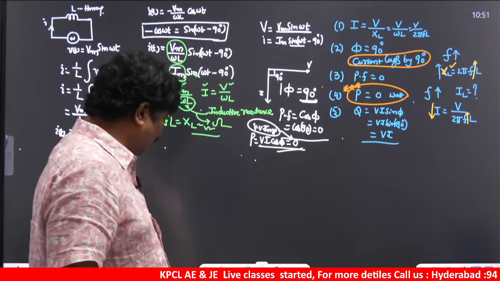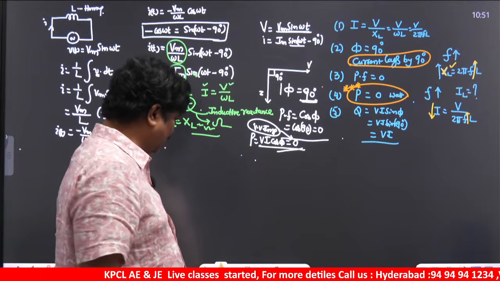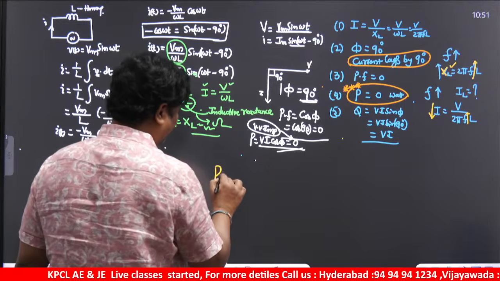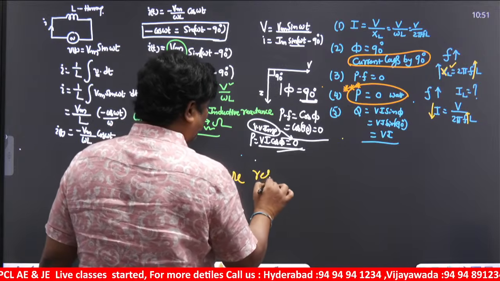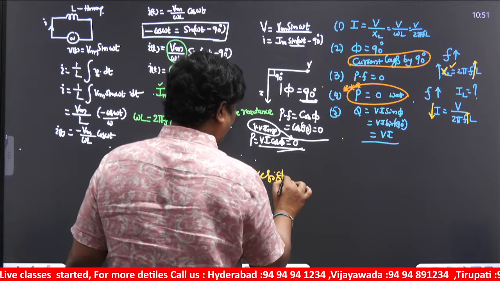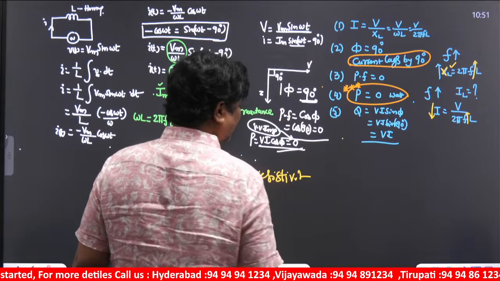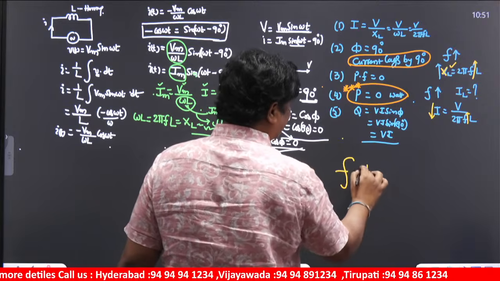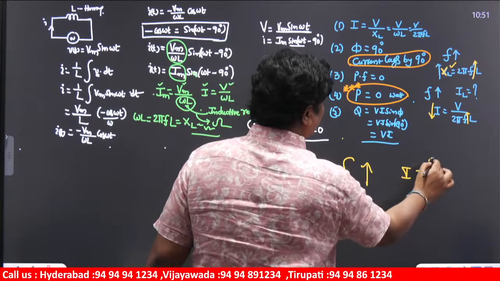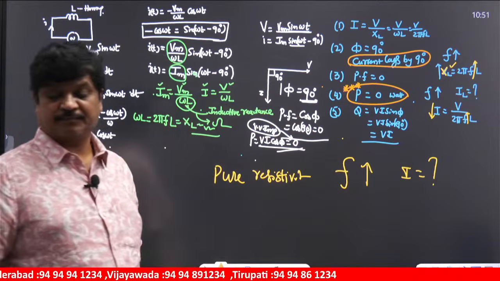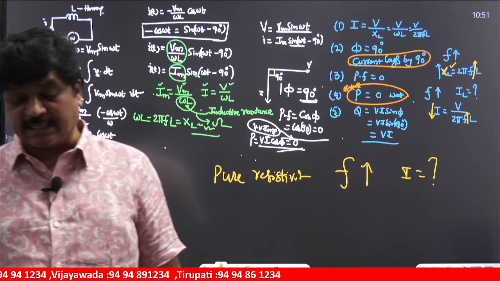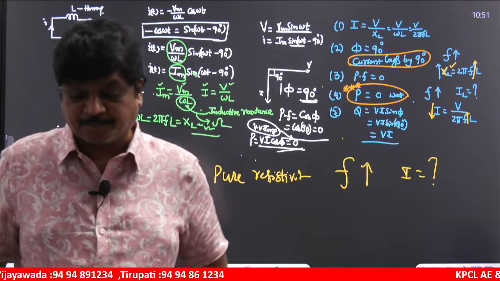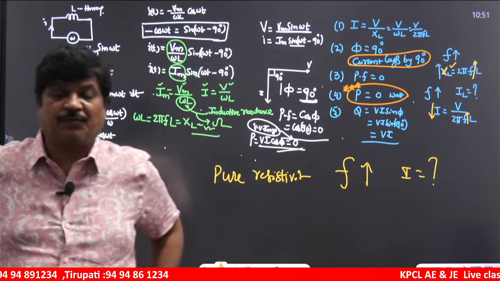In case of a pure resistive circuit, if the frequency increases, what happens to the current I? They will ask a question like that.